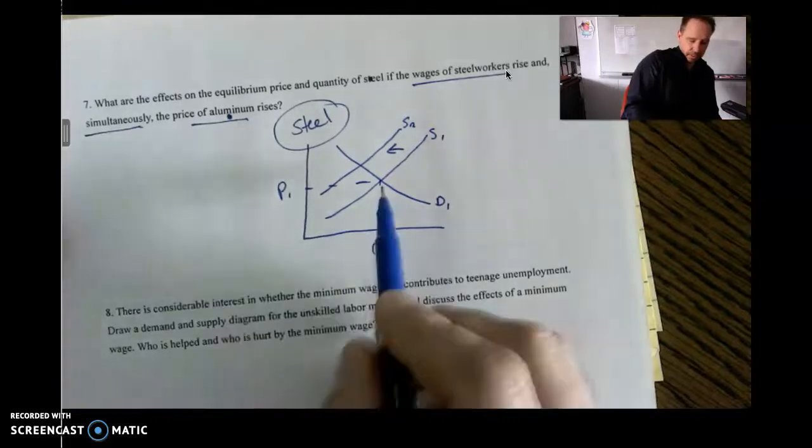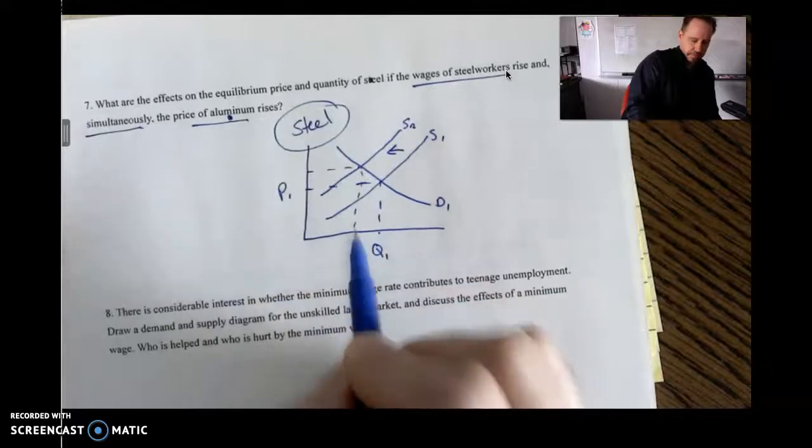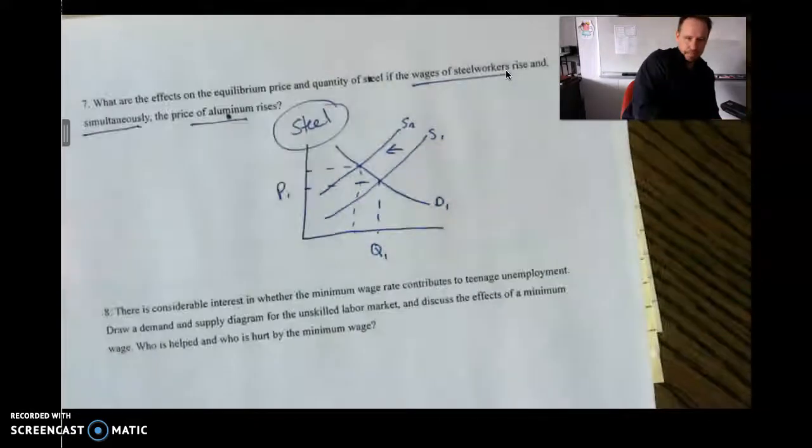We see this upward pressure on price. We've got this new equilibrium. But at the same time, we've got something else going. We have the price of aluminum rising. So now consumers that would normally be buying either steel or aluminum for their task, whatever it might be, assuming that they're relatively close in use, are going to see a rise in aluminum.